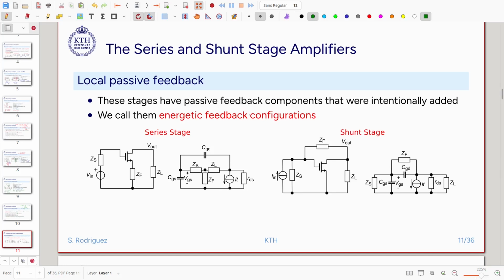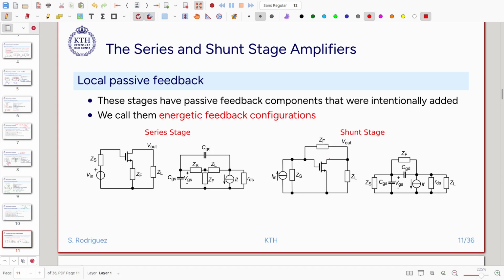We can have a common source stage in which I add a resistor to the source, so I don't connect it directly to the common node ground, but through a resistance here. This is called the series stage. Another very interesting one is the shunt stage, where I connect an impedance from the drain to the gate.